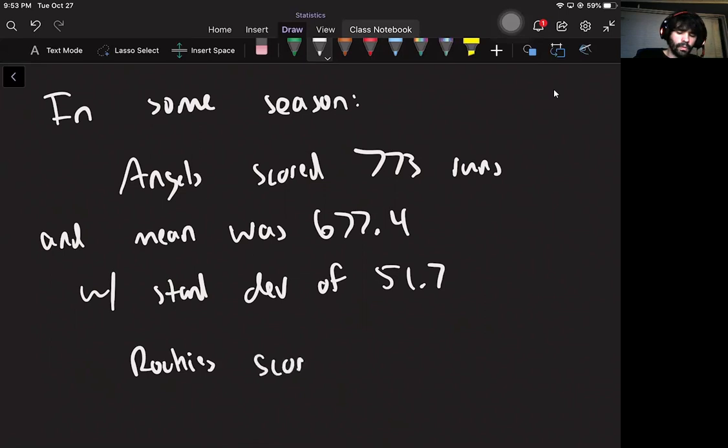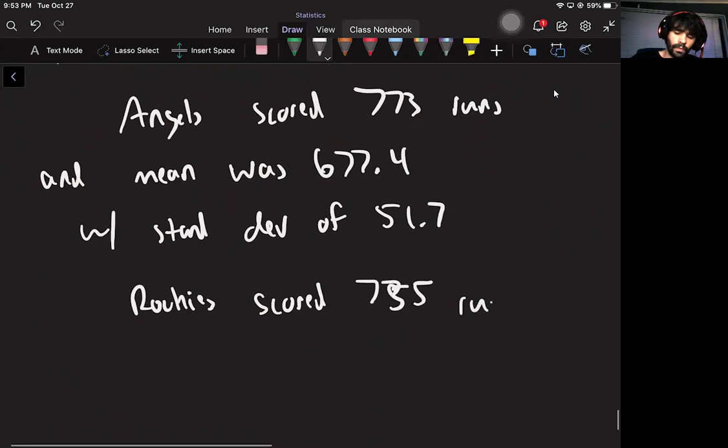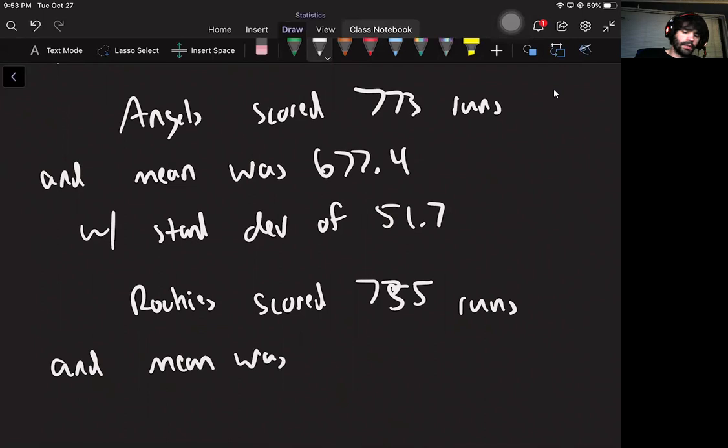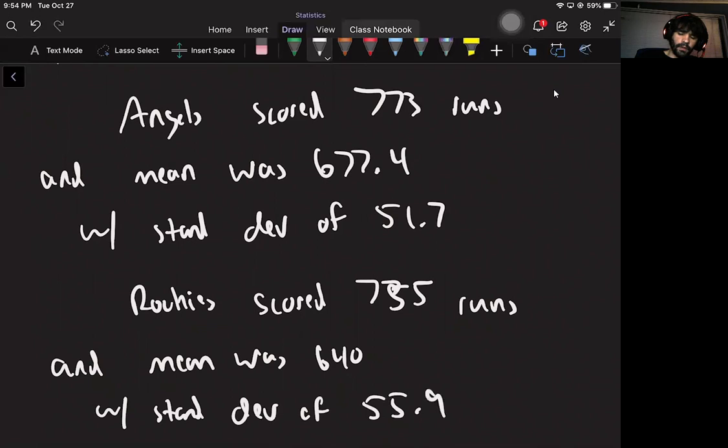And the Rockies are apparently in a different league. They scored 755, so they scored less. But let's see how they did relative to their own league. Their mean was 640 in that league with a standard deviation of 55.9.